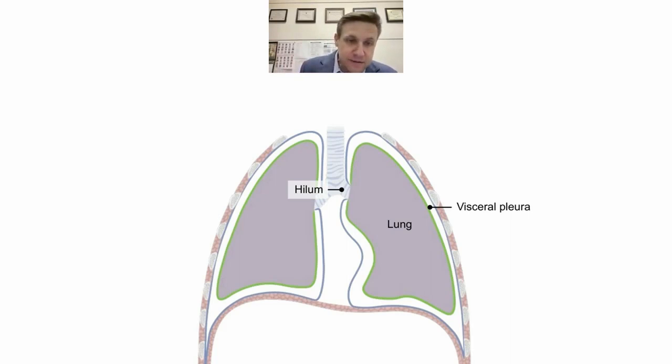And as that serous membrane comes off and attaches to the surrounding chest cavity, we have the parietal pleura. And so we have that colored in blue. Parietal means like wall. So this is the wall of the chest cavity as opposed to the surface of the organ.